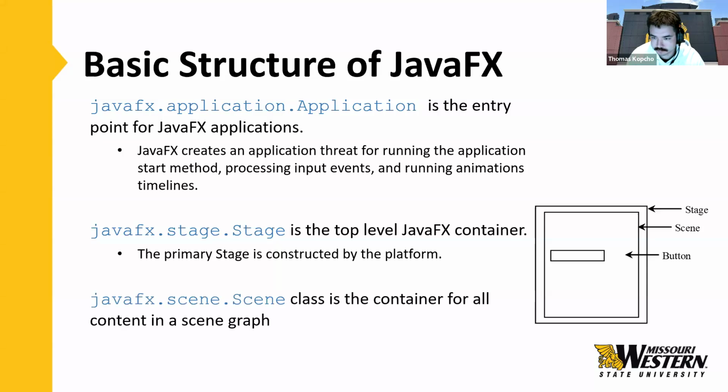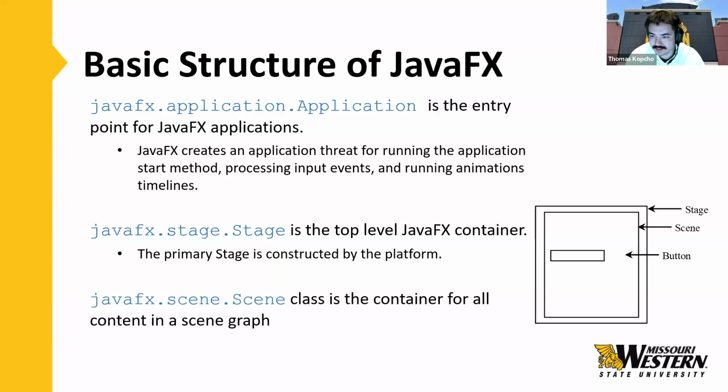The scene. Okay. The scene, javafx.scene.Scene, holds all the visual elements, also nodes. We'll call them nodes, or Java calls them nodes. So all the visual elements that make up a UI, right? So you can think of a scene as a scene graph, or a hierarchical structure of visual elements.